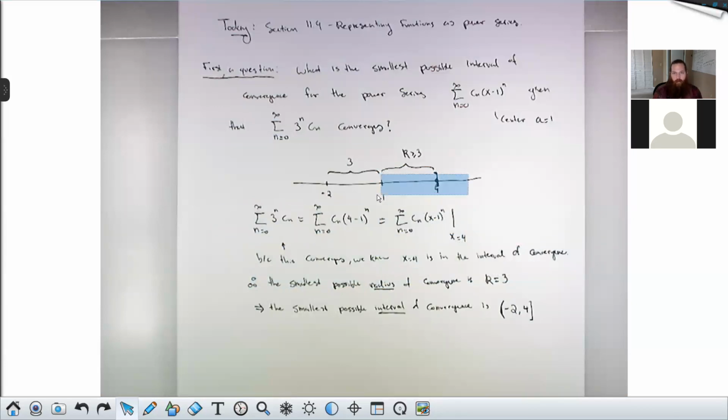It might stretch further. But the question I'm trying to answer is, what's the smallest possible interval of convergence? So the smallest possible interval of convergence would be the one that stretches out to 4, but just barely doesn't go any further. And that would mean the radius of convergence is 3. The smallest IOC centered at 1 with radius 3 is the interval -2 to 4.